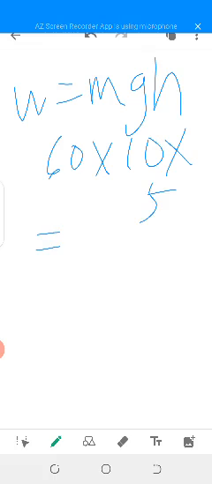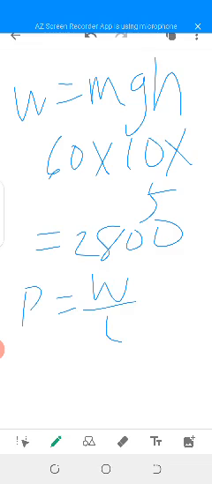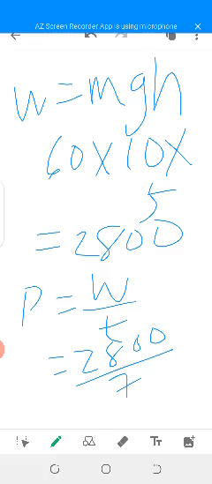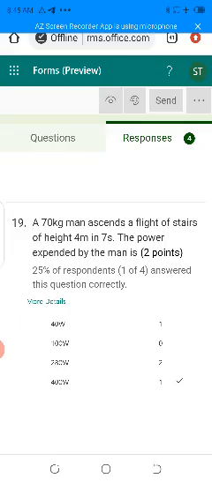By the time you have the work done here is equal to 2,800. That's the work done. So now we say power is the work done over time, so that is 2,800, and you are given the time from the question as 7. So this actually gives you 400 watts as the answer.